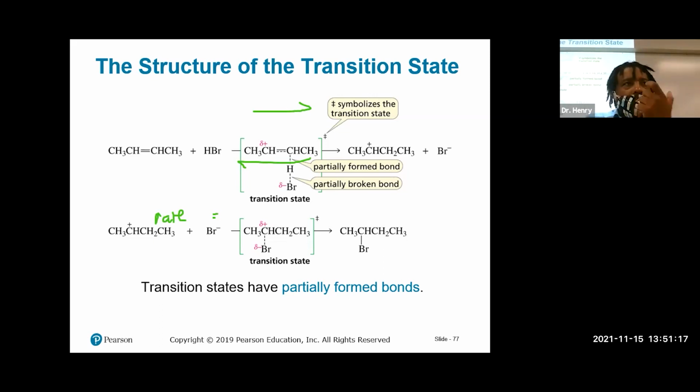So that step is considered your rate limiting step. That's the one that kind of controls the reaction. It takes longer to do that than anything else, right? So you're looking at that rate alone, okay? So usually we're looking at the one that takes the longest part, and that's going to dictate how fast the reaction happens, right?